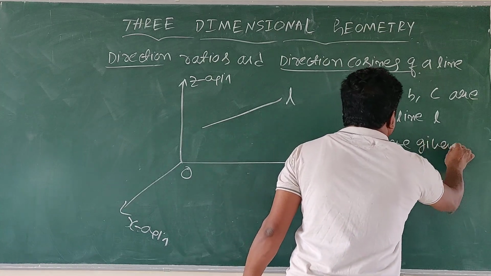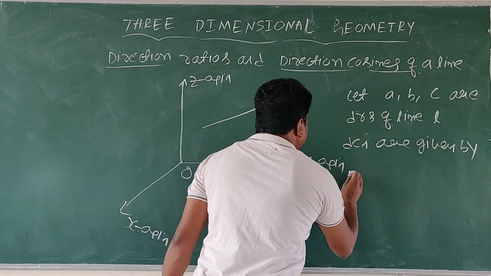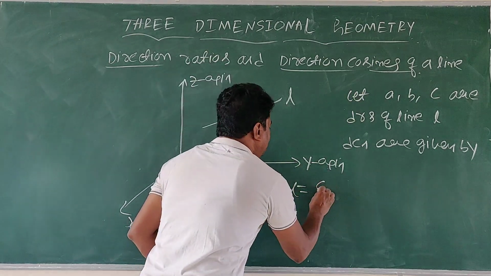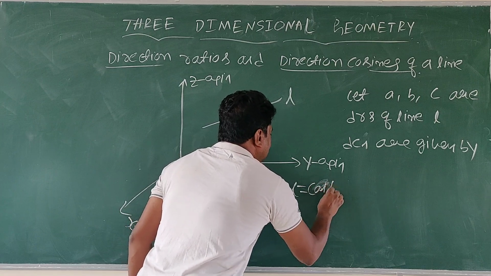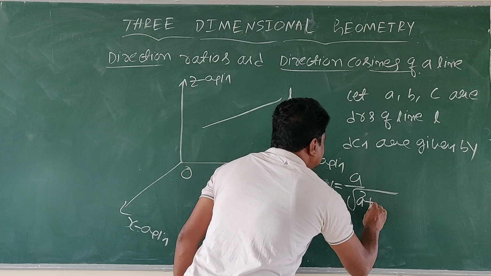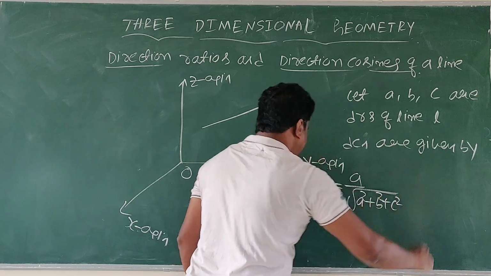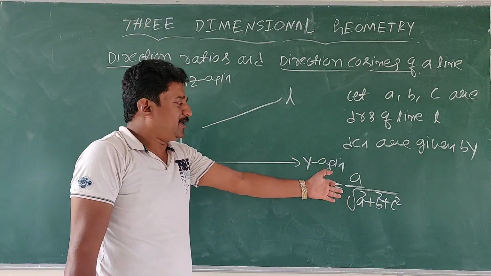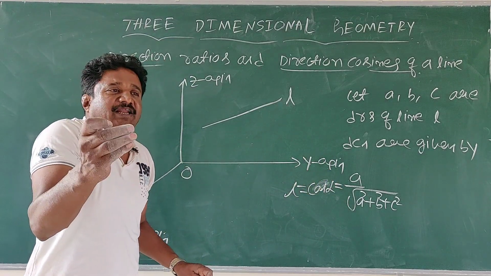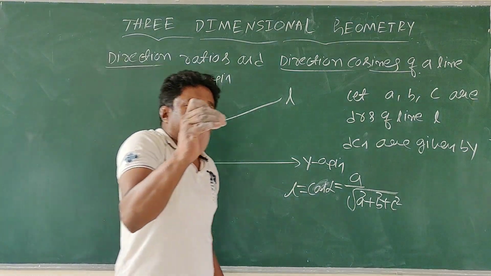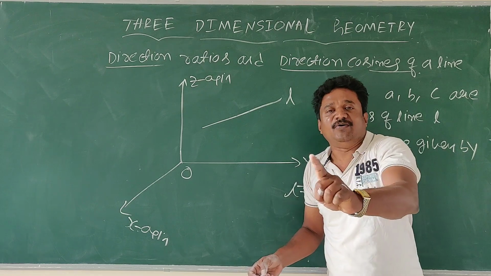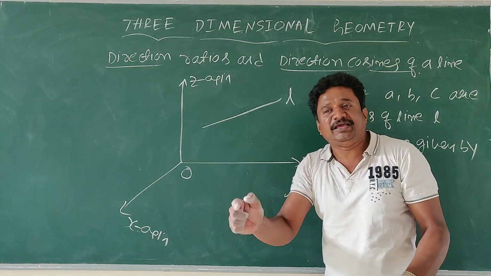L is equal to cos alpha, equal to A by root of A square plus B square plus C square. Same formula we used in vectors also. Look at this, the difference between vector and line. Vector is having particular direction.